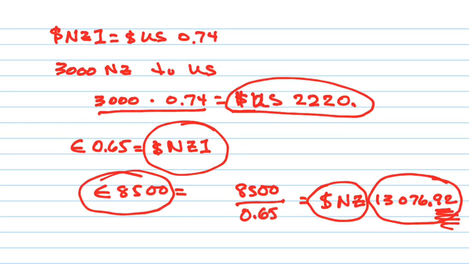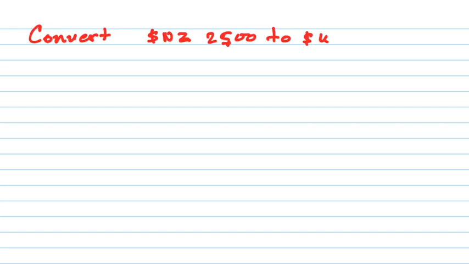All right. So let's look at the next one. Convert New Zealand $2,500 to US dollars. And just use the same conversion factor that we just did. New Zealand $1 equals US 0.74.